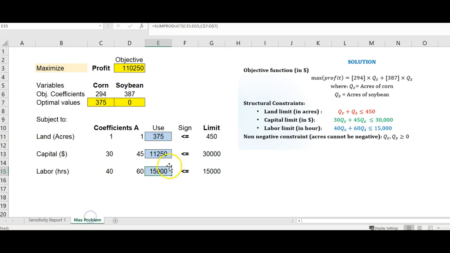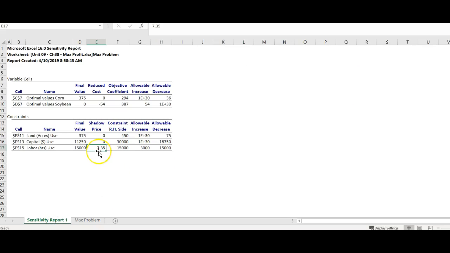Because the sign is less than or equal to, and this is a maximization problem, this means that increasing one more hour of labor could potentially increase the total profit by $7.35.